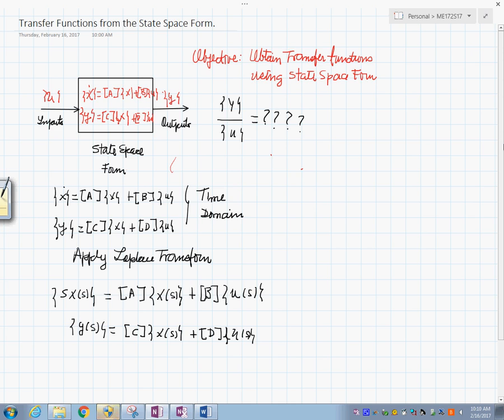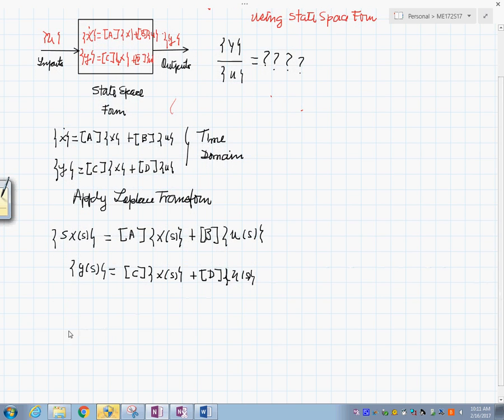So in order to do this, what I suggest we do is we obtain, we have two equations, two unknowns over here. Now we have to obtain the ratio here.